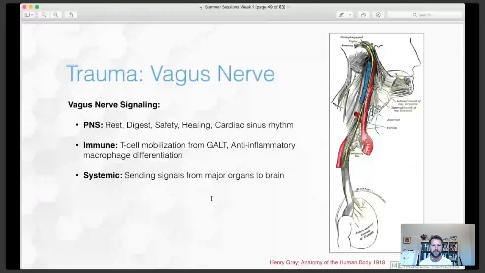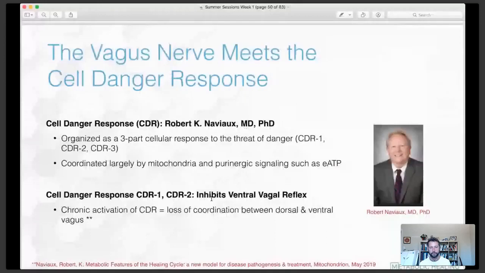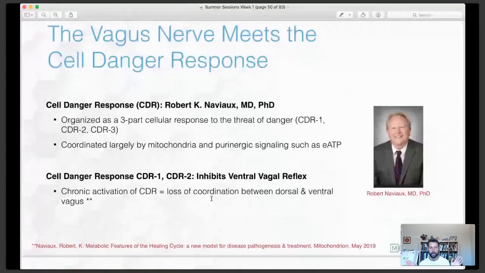If you've not read the papers, please read The Metabolic Features of the Cell Danger Response, published 5 years ago, and then read the recent paper, Metabolic Features of the Healing Cycle: A New Model for Disease Pathogenesis and Treatment. Those papers are so rich with unbelievable information that is going to open it all up.